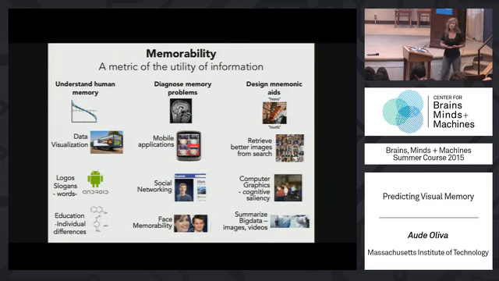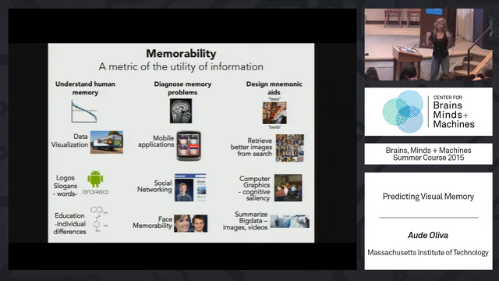Besides basic science, if you could predict which information is memorable or forgettable, there is a realm of applications that lie everywhere, from data visualization to making slogans better, as well as the whole realm of education and the individual differences that may arise between people. For someone who does not learn very well, what can we do to increase the memory of visual information that this person can grasp?